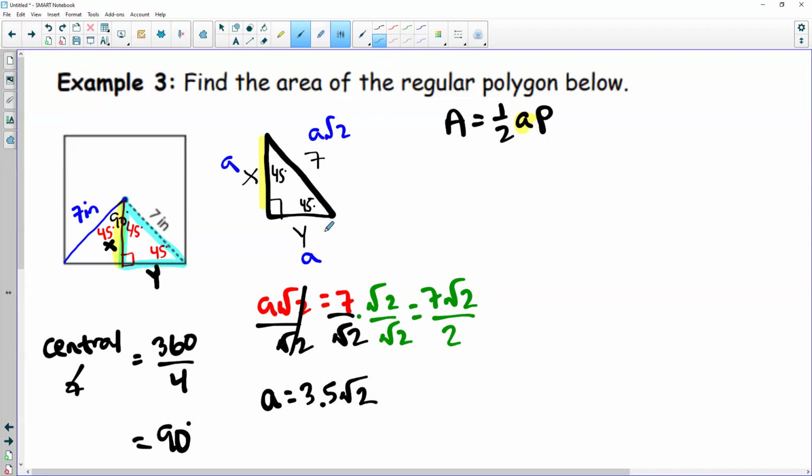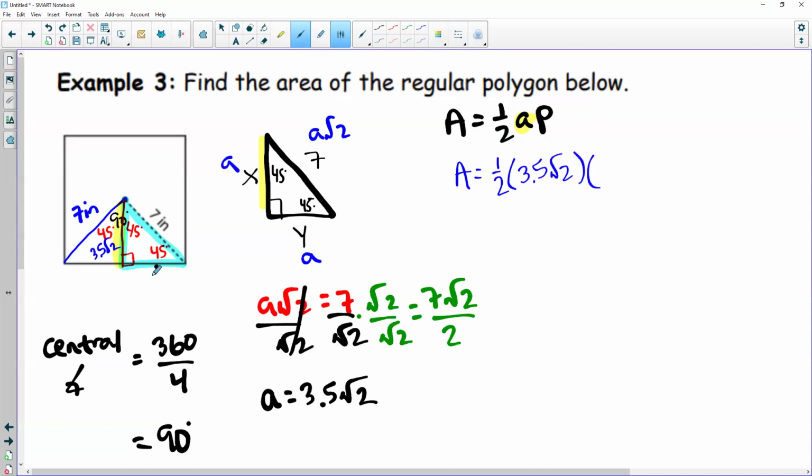So that tells us the value of x and y now. So now that we know the value of x and y, I can go to the picture here and just erase this. Erase this. We now understand that the apothem right here is 3.5 square root of 2. So I can start plugging in here. 1/2 times the apothem is, well, the apothem is 3.5 root 2.